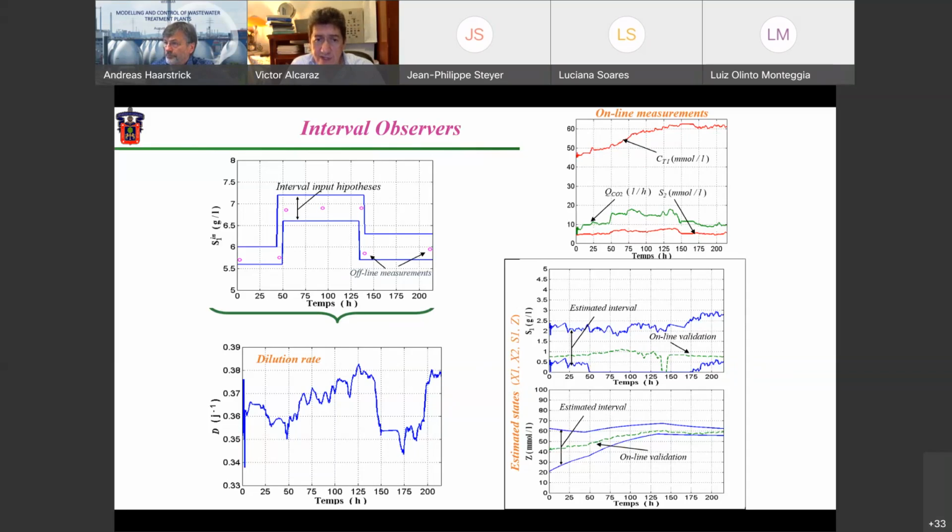And with this partial information, it was possible to estimate intervals on COD and strong ion concentrations, here validated as well in the graphic in the bottom with online independent measurements. You can see that effectively the actual measurements of the chemical oxygen demand and strong ion concentrations are inside the estimated interval. Next, please.